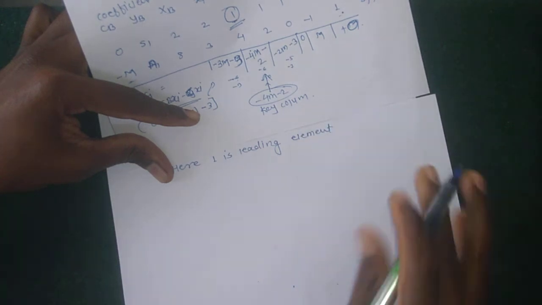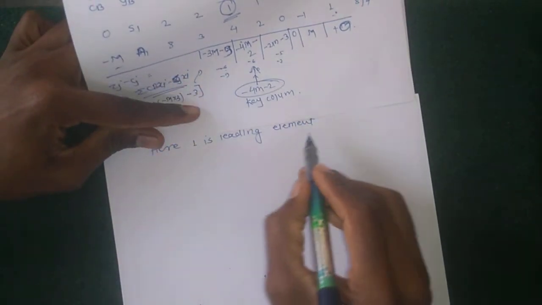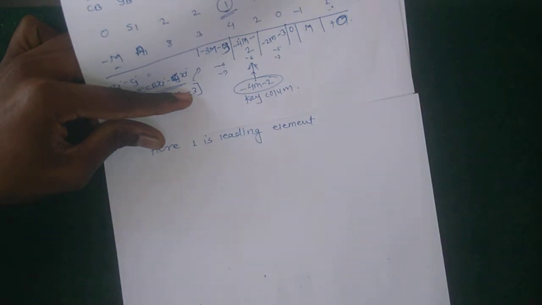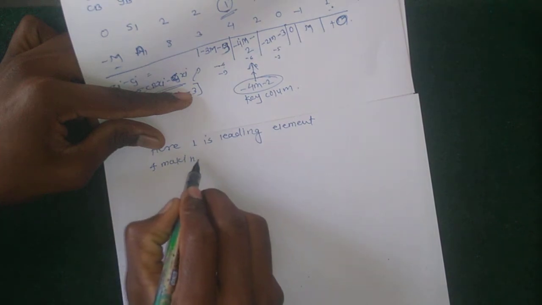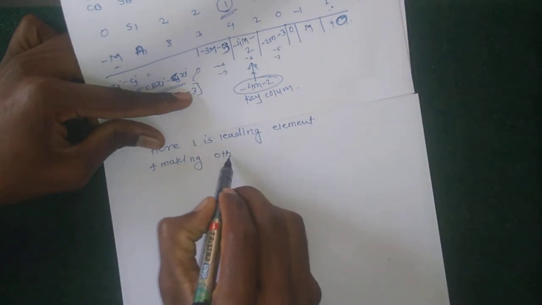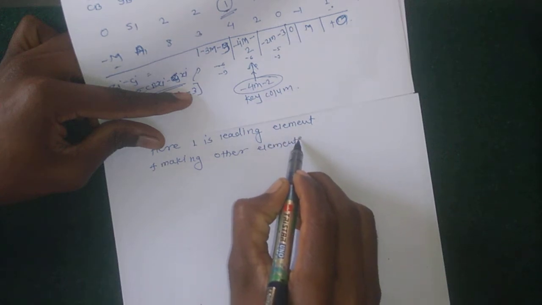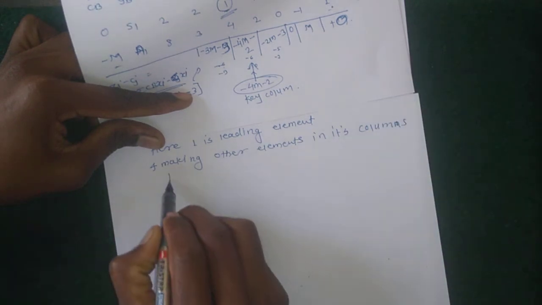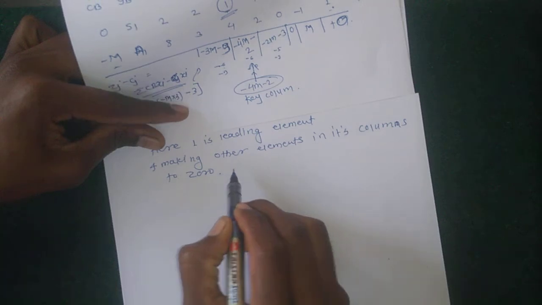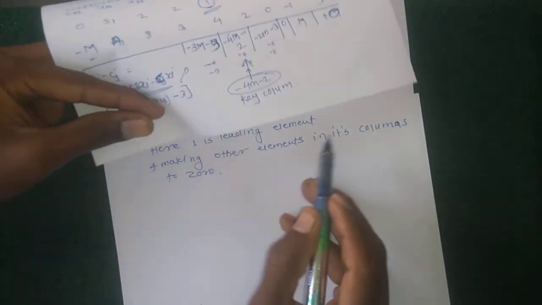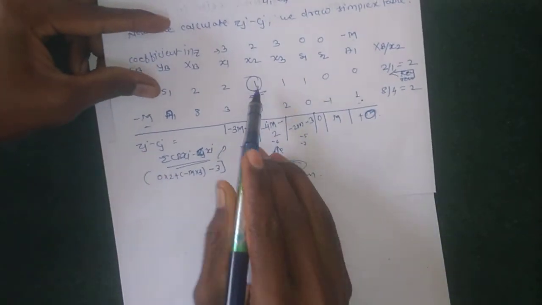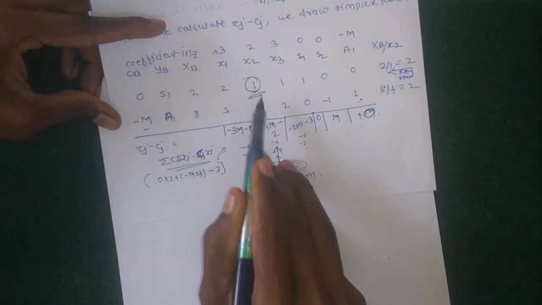Now we make all other elements in its column 0. 1 is the leading element, and we make the other elements in its column 0 by using an operation here. 1 is already given, so the operation here is R2 minus 4R1.